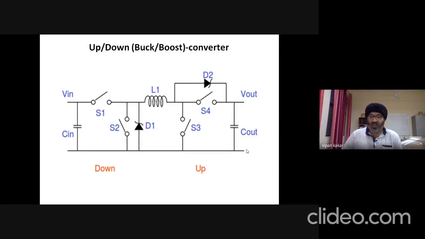And this boost converter has an input connected to the inductor, and then we have switches. In buck, we have switches first and then inductor. In boost, we have inductor first connected to the input and then switches. This was the NMOS switch over here, S3, and PMOS switch, S4, we just saw.